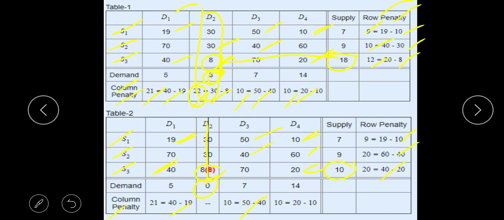So what is the penalty? 20 minus 10, 10. Now we have identified the penalties. Find out the highest penalty. So highest penalty is here in case of D1. So we have to go for allocating the units for D1 column.